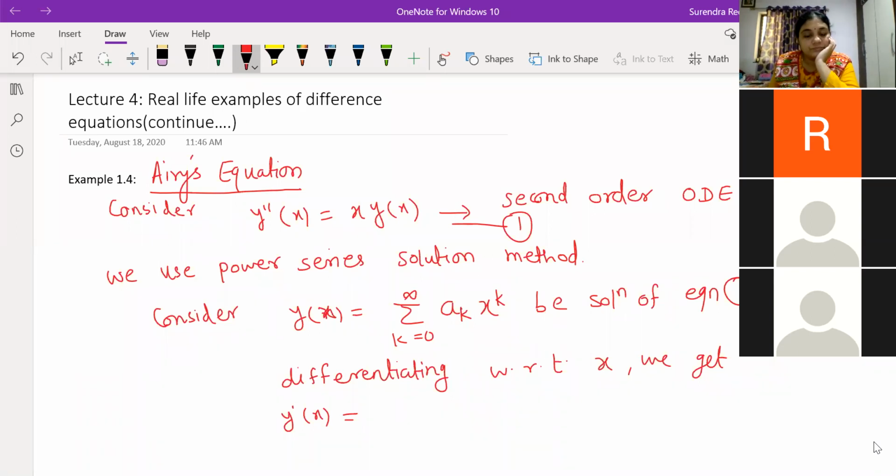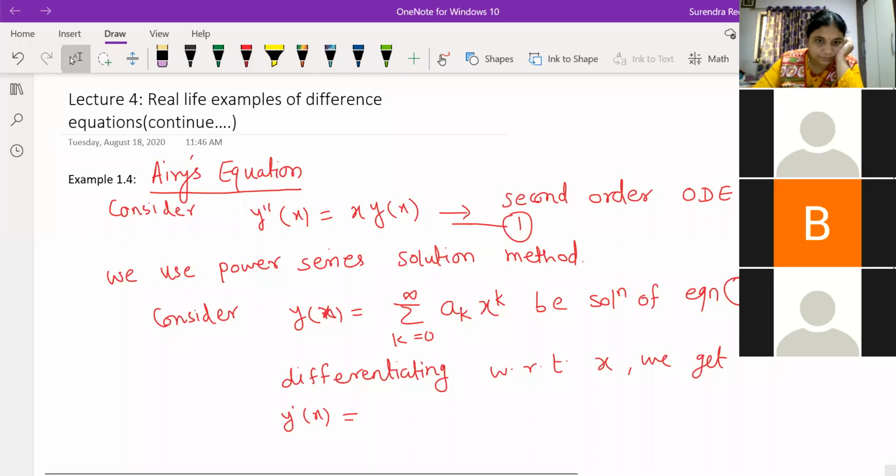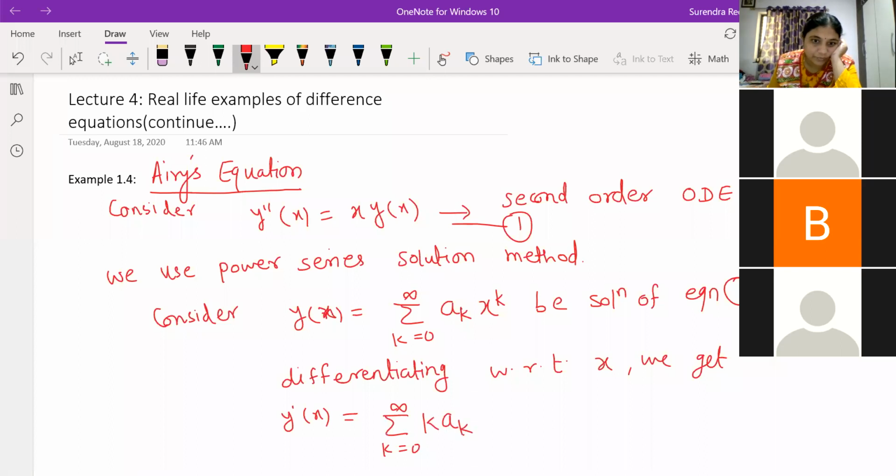Summation k equal to 0 to infinity of k into a_k into x raised to k minus 1.